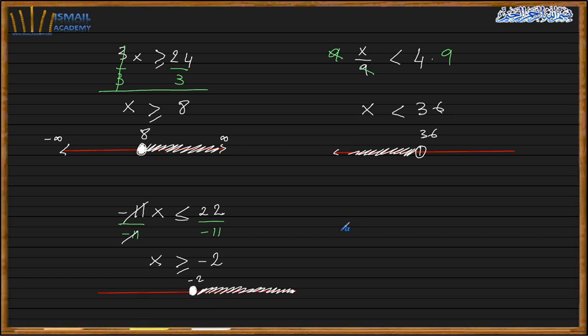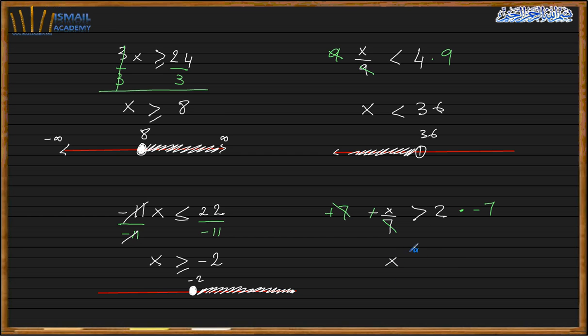The same thing if I have, for example, minus x over 7 is greater than 2. What I do here, I multiply both sides by minus 7. Minus 7, 7 cancel out, minus minus becomes positive, so what's left is x.